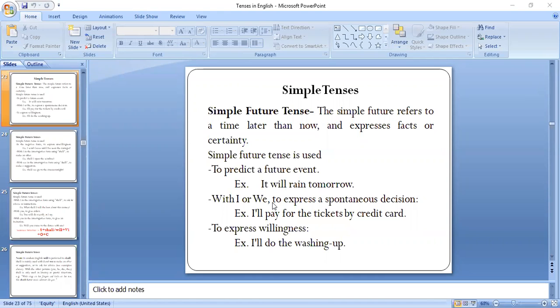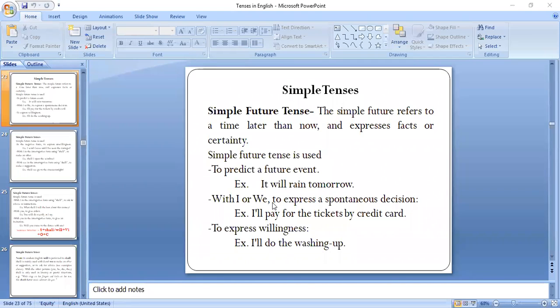It was a spontaneous decision because you also have money, your friend may also have money, but if you are paying for the bill, then you will say that I'll pay for the bill.